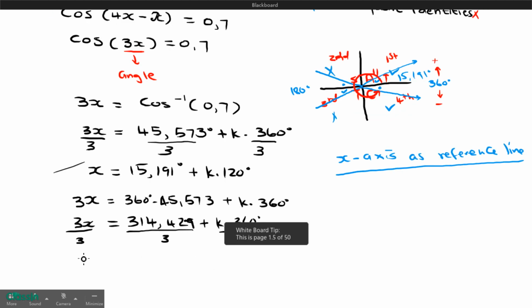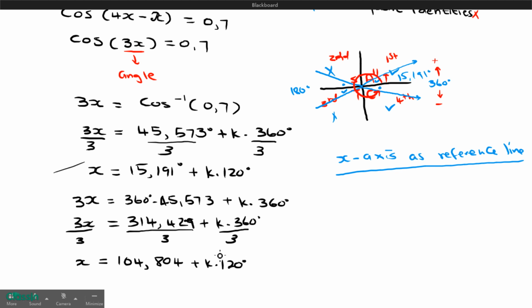Our x in this case will be 314,427 divided by 3, which gives 104,809 plus k multiplied by 120 degrees.